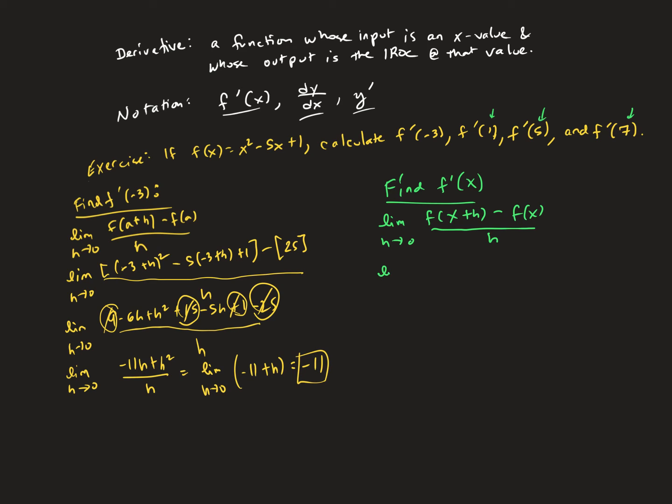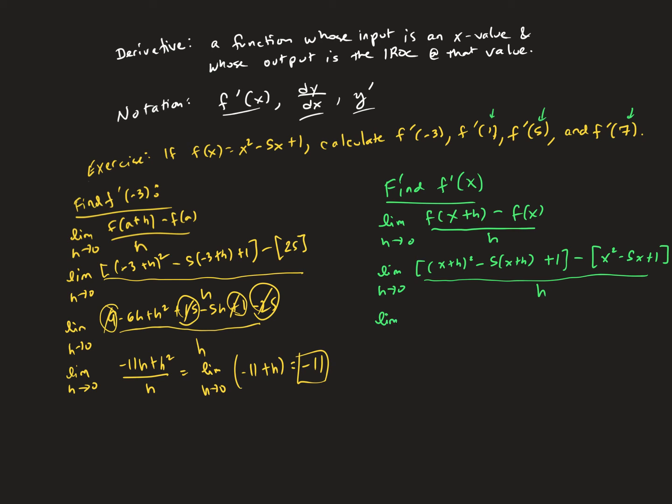Watch this. We're going to plug in x plus h into the function. And then we're going to subtract f of x. Now this time it doesn't become just a number. So it'll look more complicated, but never fear. You'll see.